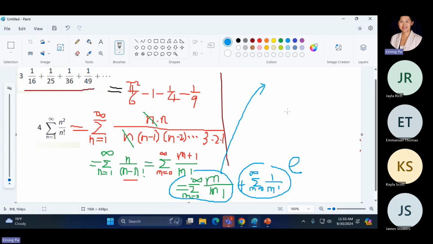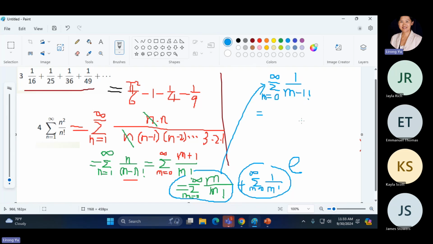we cancel the m, then you have the summation of 1 over m minus 1 factorial, m from 0 to infinity. I don't know what this is exactly equal to. You either write it out or you simplify it, like change the variable one time.